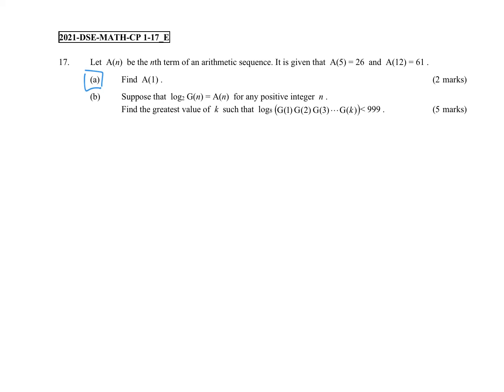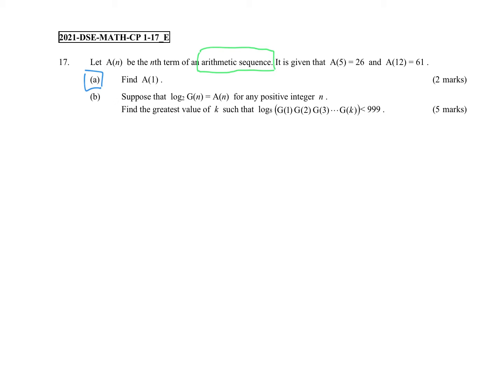So this problem would be another problem about sequence and series, in Section B of Paper 1, the conventional part. This sequence in particular will be about an arithmetic sequence. a_n is the nth term of an arithmetic sequence, and we need to find a1, which means the first term of the sequence.